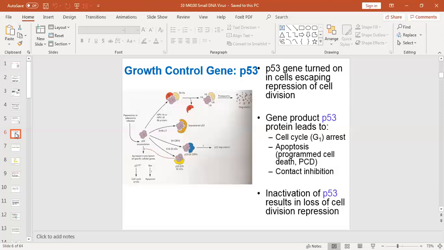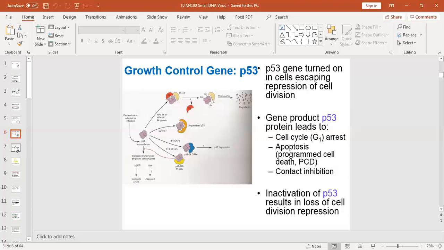And towards the end of the figure, lower left corner, we see that once P53, which usually comes in tetramers, 4 molecules, is activated, it either produces a cell cycle regulator called P21 that causes the arrest of the cell, or it causes the expression of a protein called BAX, which will lead to apoptosis of the cell. So BAX is a pro-apoptotic molecule. Once it's expressed, the cell will die.